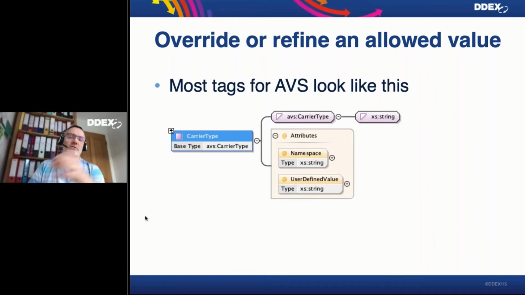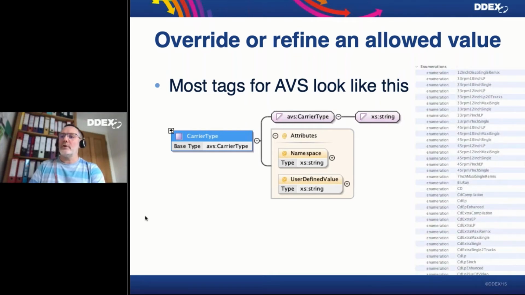So here, for example, is carrier type, one of the longer allowed value sets that we have in the standard. And you see that it has two attributes, a namespace and a user-defined value. And it has a long list of values. This is just from 1 to C, and it goes down to Z, obviously. So it's a very, very long list.